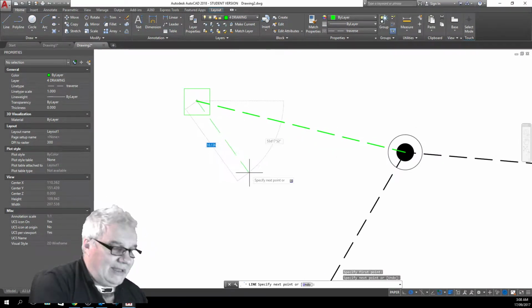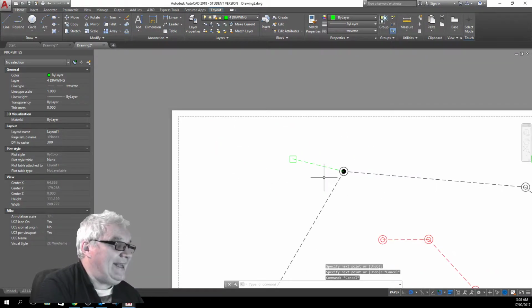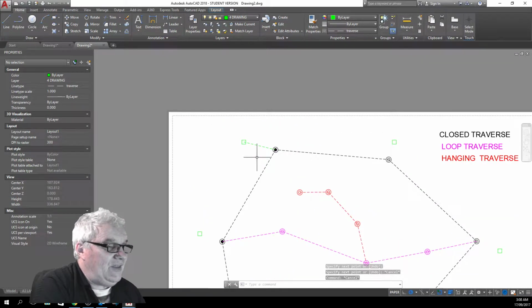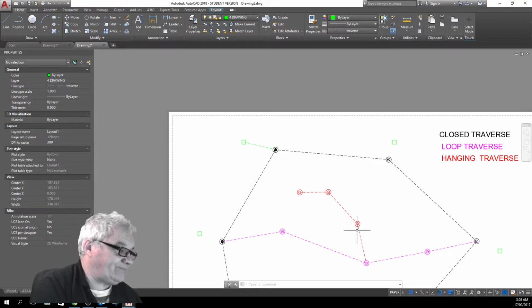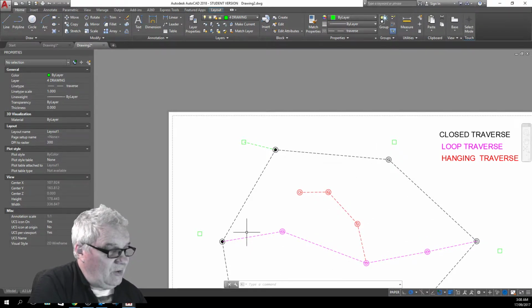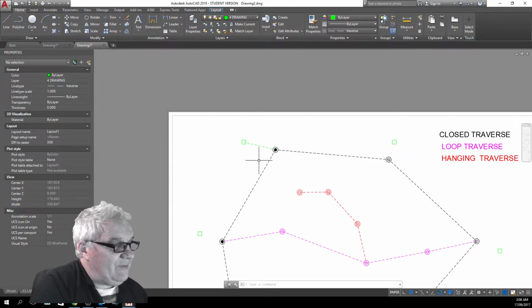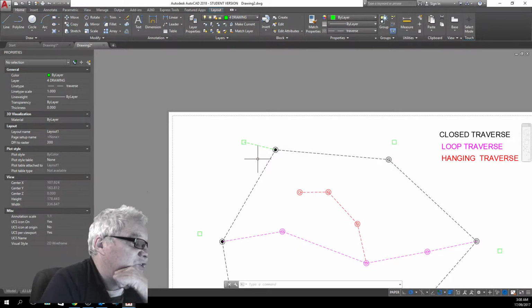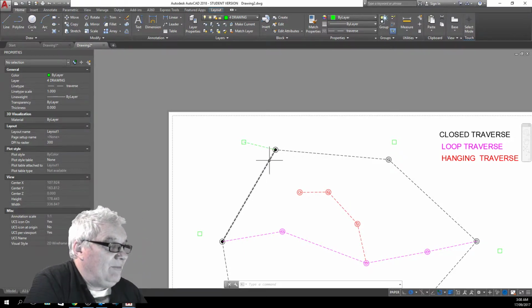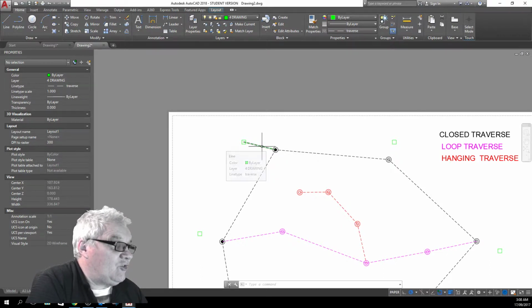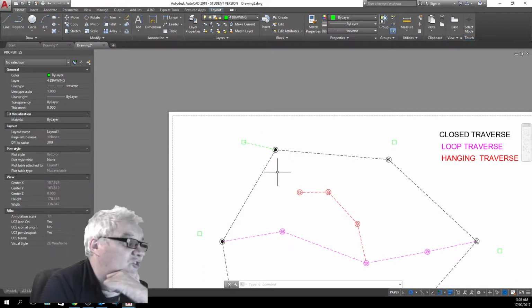and these are called radiations. Now these are hanging lines. So they're a radiation or a hanging line. There's no check on them at all. We can't check the bearing or even the distances. So sometimes we have little methods. We might measure and observe these twice. We might measure the distance in meters, and then measure the distance in feet and inches, just to make sure it's the same.